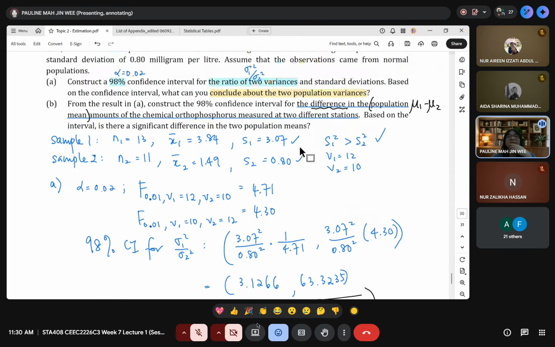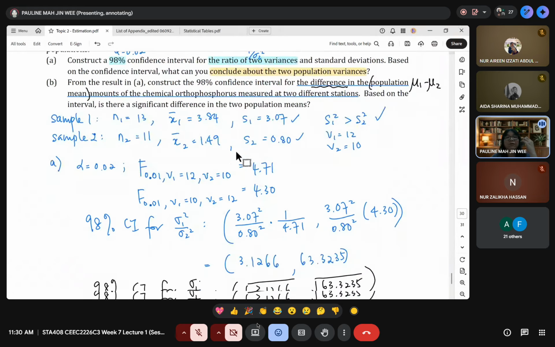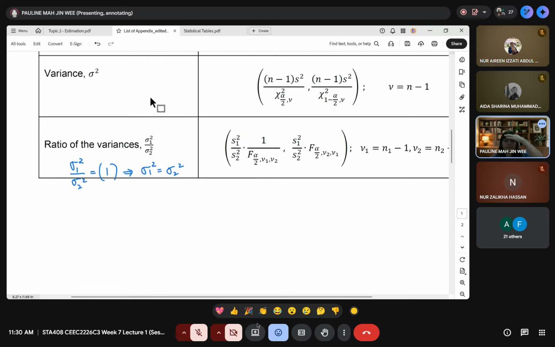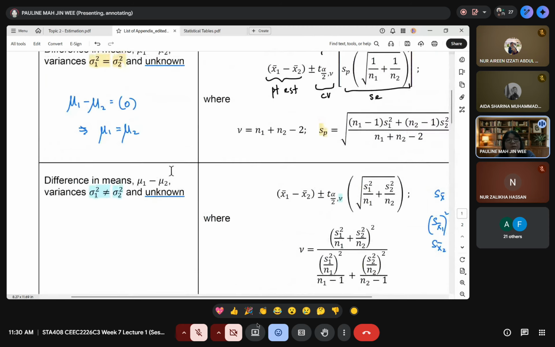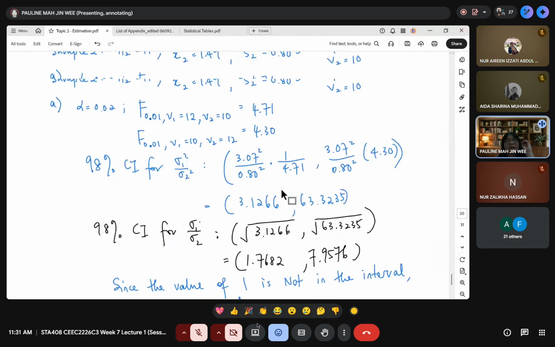So you have to read the question. Just now, the first part was the ratio of two variances. Now it is the difference of the population means. All right. So if you want to work with mu1 minus mu2, you go back to your appendix here and look for mu1 minus mu2. It shows that you need the assumption of your variances. Which one are you going to assume here? You need to assume the second one, sigma 1 squared not equal to sigma 2 squared, based on the interval that you constructed up here.